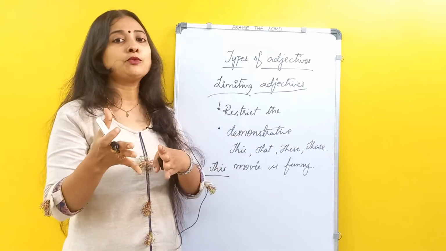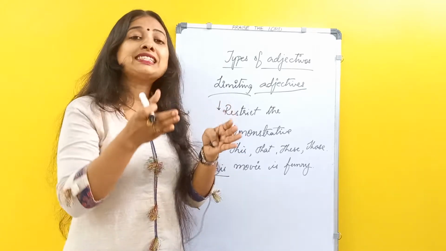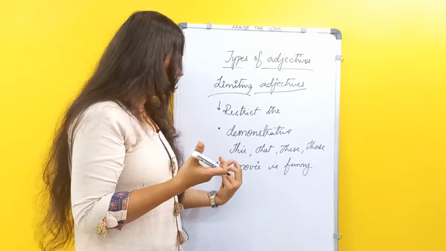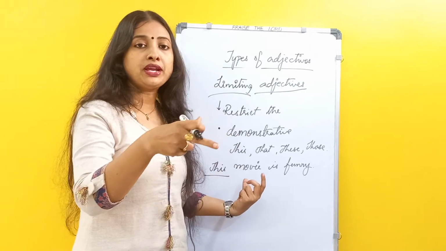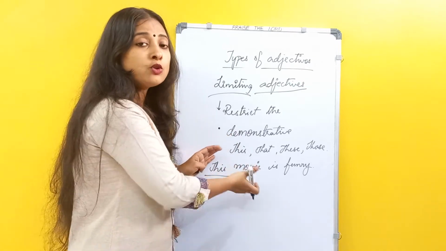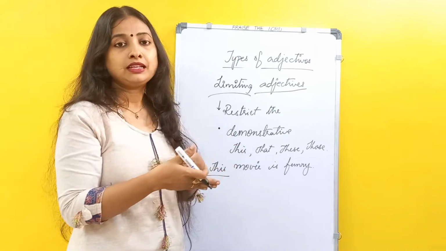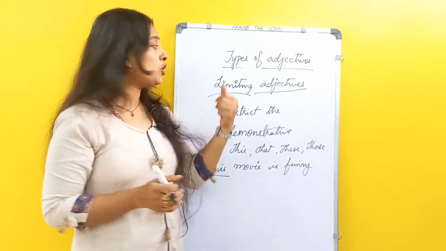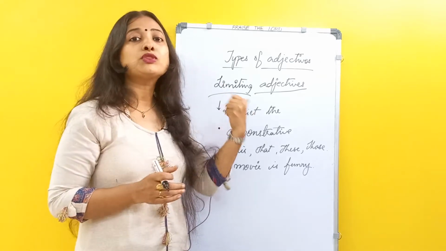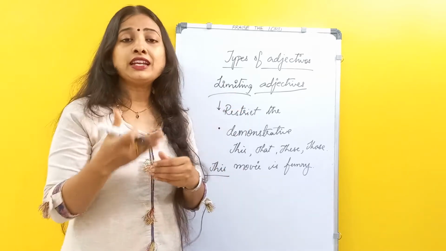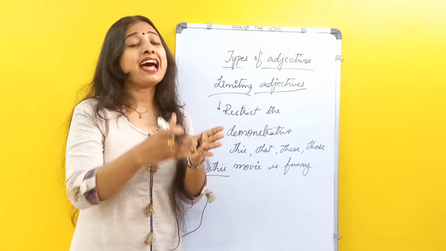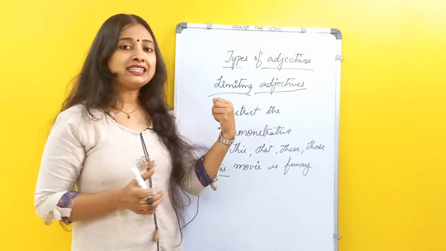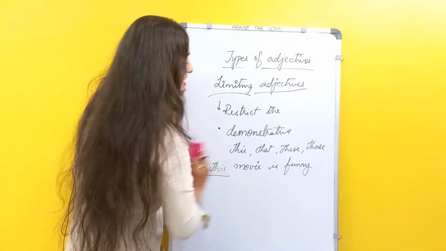Good movie, nice movie, if it is something like that, then it is a quality description. But here it is just demonstrating, it is just showing. So that means here the noun or the pronoun is being restricted. Their qualities or traits are not being shown completely, right? So limiting adjectives modify the noun or pronoun by restricting rather than actually describing the qualities or traits, right? So that is about demonstrative adjectives.